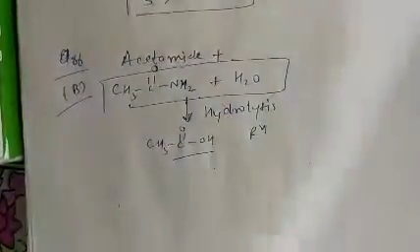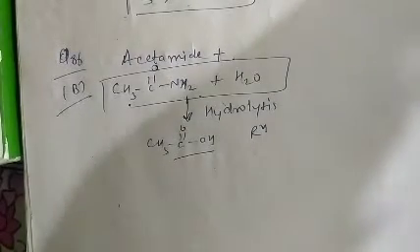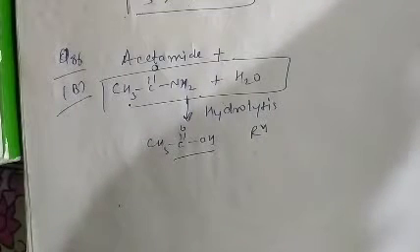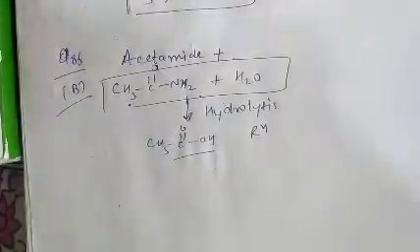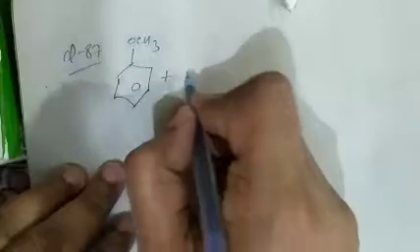See question number 87. In question number 87, what is given there? It is again an easy question. Question number 87 is when methoxybenzene, that is OCH3, reacts with succinic anhydride.